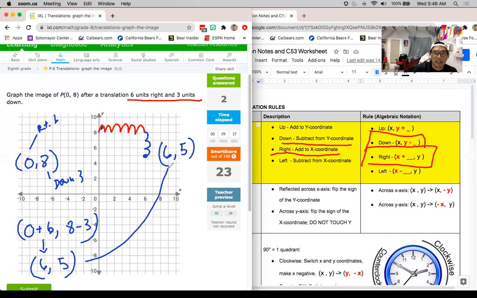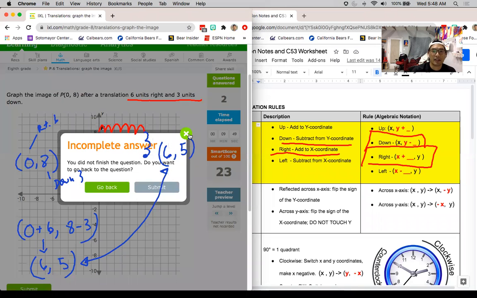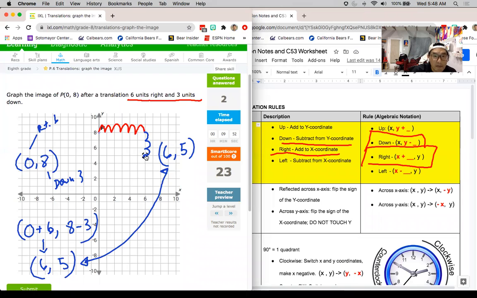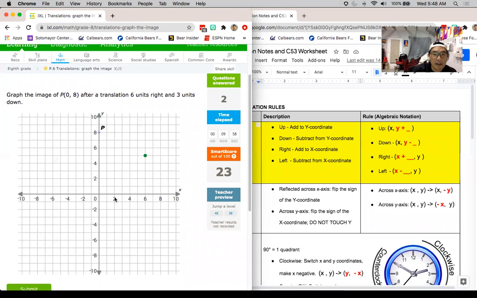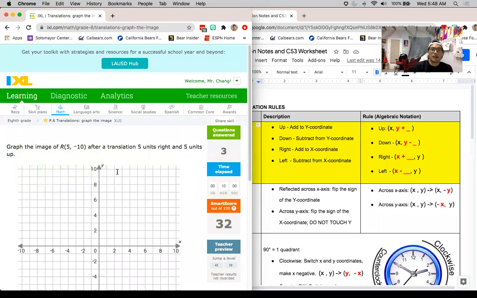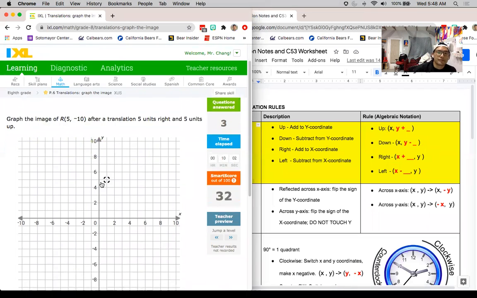So whether I'm counting or I am using the algebraic notation and the rules, I get to the same place. I am quite happy. Put that point in there, hit submit. Oh wait, I did not get my point in. Get in there. Let me erase all this. Oh, there, good. All right.